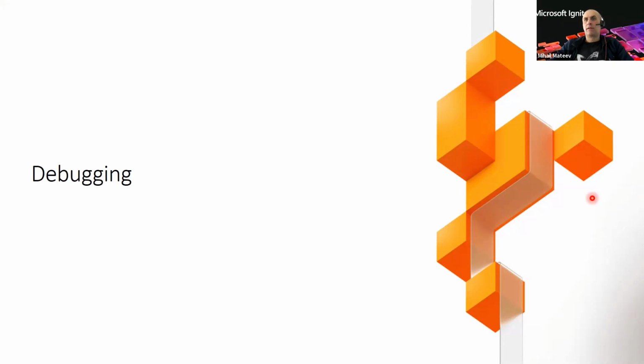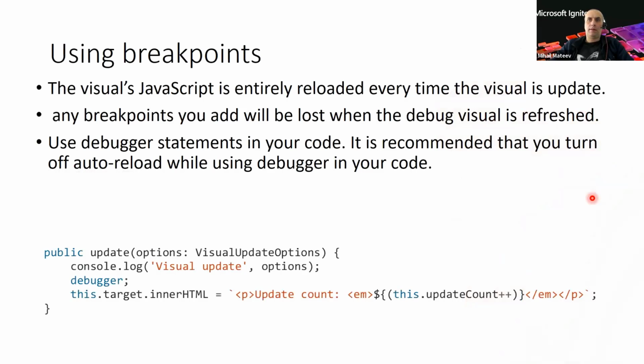About debugging, we have some specifics again. About breakpoints, it is not possible just to add some breakpoints in a way like you do for debugging of JavaScript applications. Why? Because actually your breakpoints will be lost. You have quite a specific component lifecycle, and you will have reloading of your code.